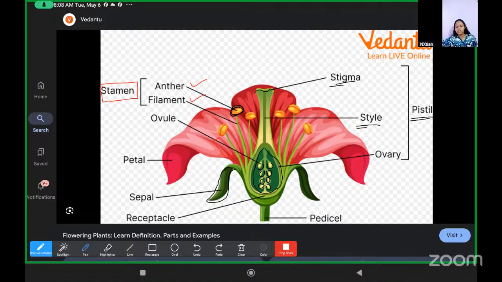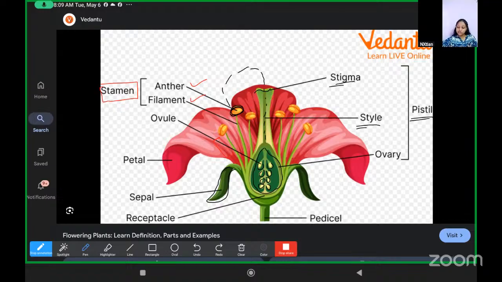Now, how does fertilization take place in flowers? From this anther, the pollen grains fall onto the stigma.